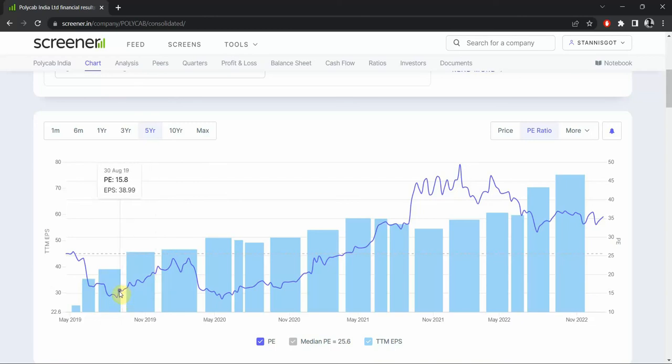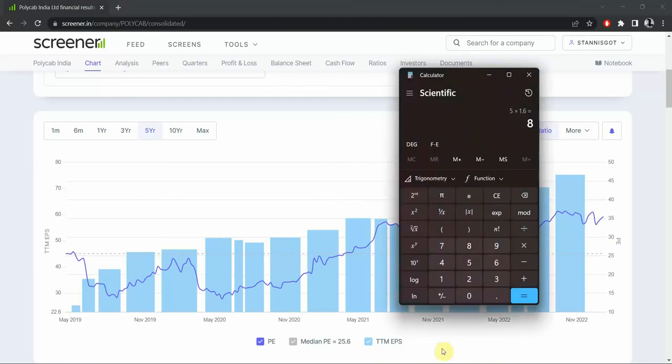And then at the peak, the earnings went up from 40 to, let's say, 55, a 35-40% growth in the earnings, whereas the PE got re-rated three times, from 15 to 45, right? So if you do the math, 1.4 multiplied by 3, this stock became a 4x.